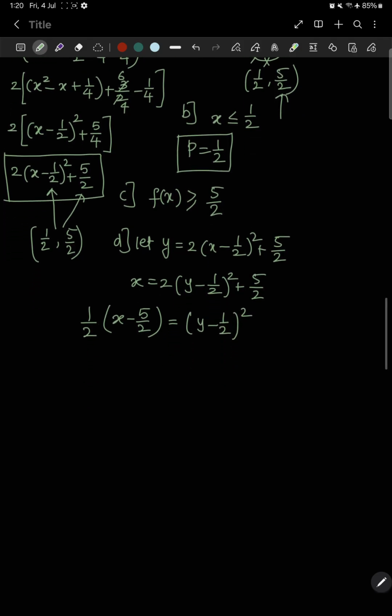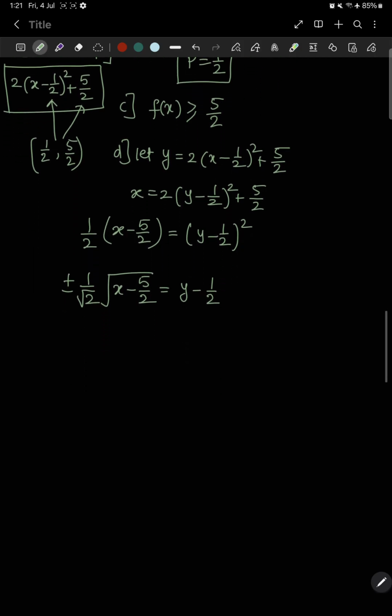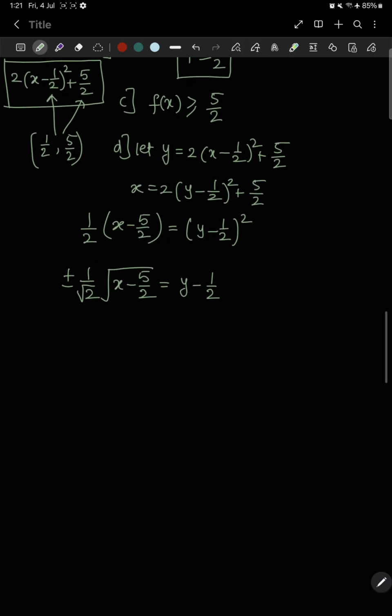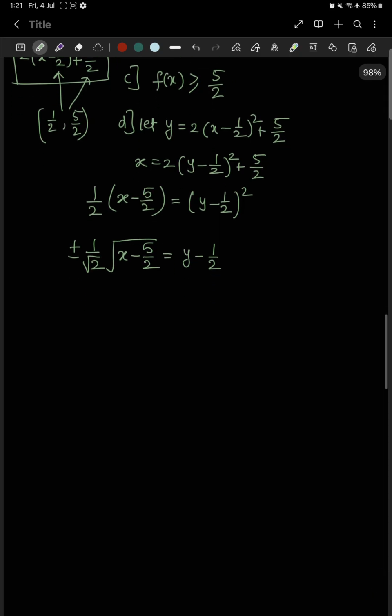Now I take the square root on both sides. It gives me plus or minus 1 over root 2 times the square root of x minus 5 over 2 equals y minus 1 over 2. Now I have this half, let's take that also to the other side.